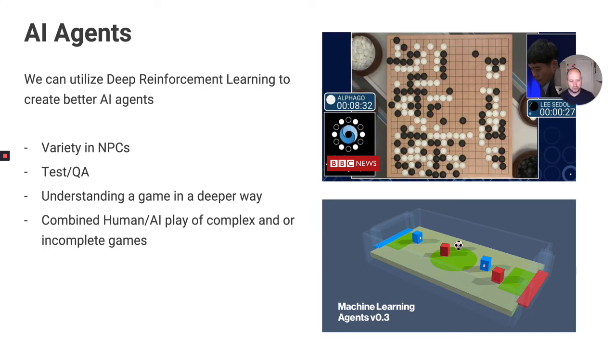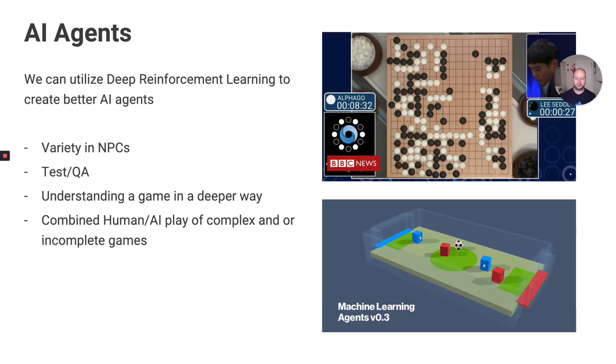This sort of represents what you could do with this stuff. For example, adding more variety in your non-player characters, so your AI maybe can do deeper, more interesting things. You can maybe use this for applications in testing and QA of your game. So maybe it's not part of your game or of your simulation, but this is a way to test stuff, smoke test to try to break it and find bugs.